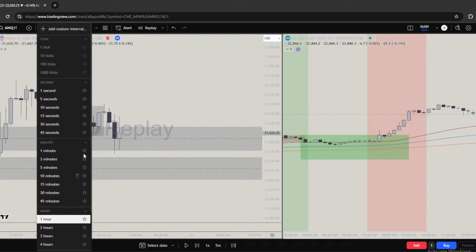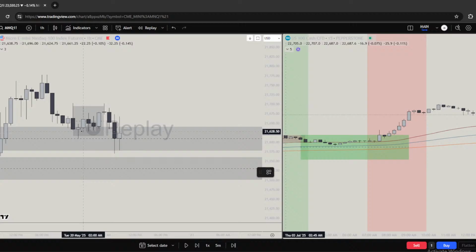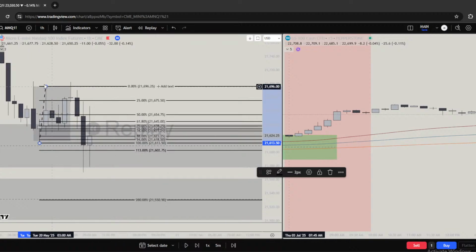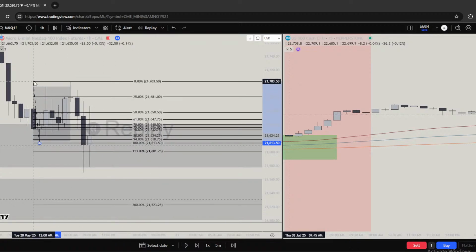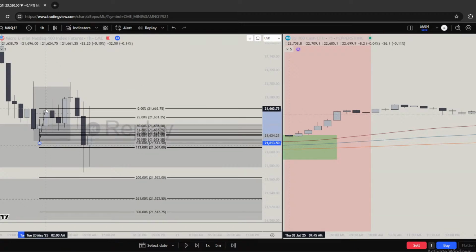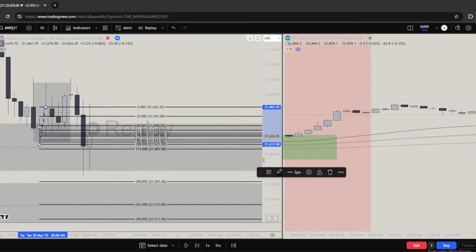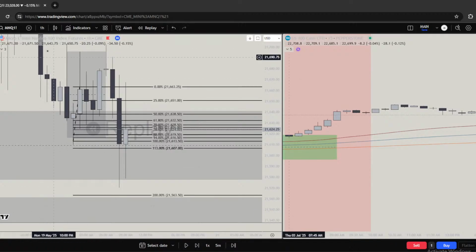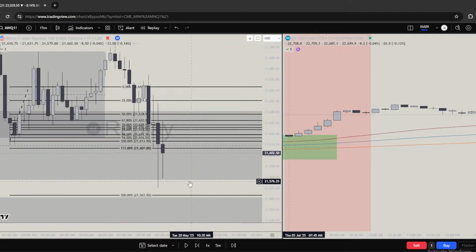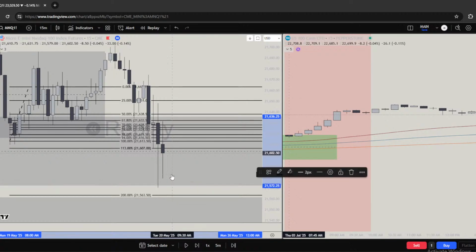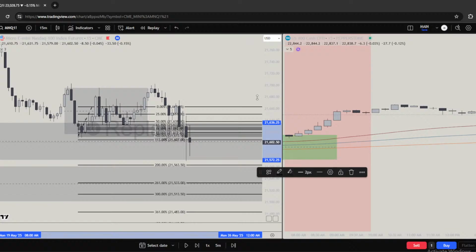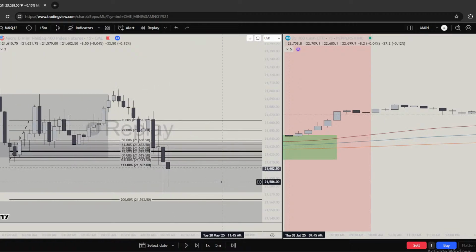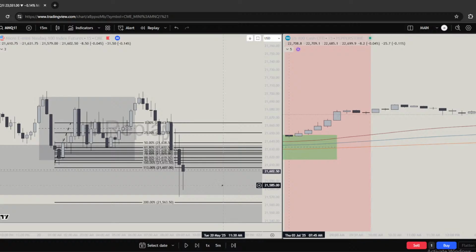Okay, this is that range right here. No, my top step should be cool now.